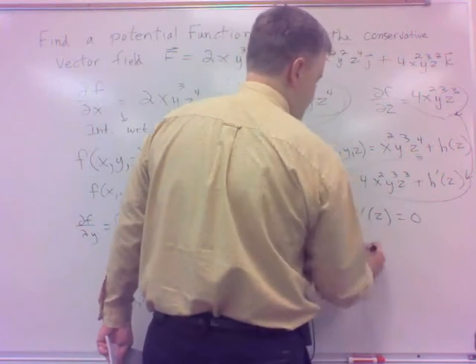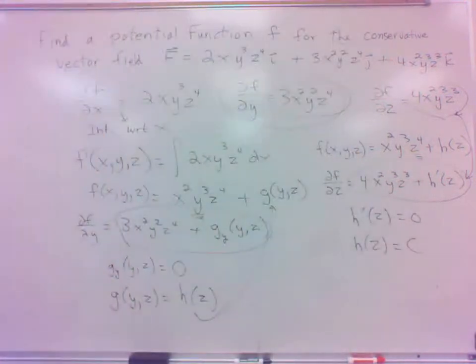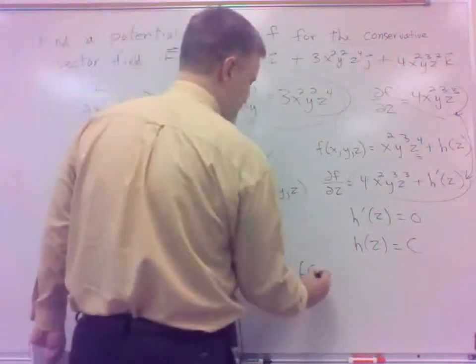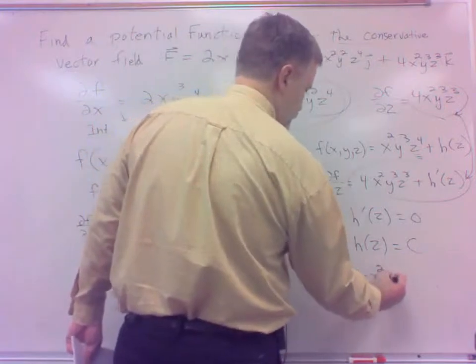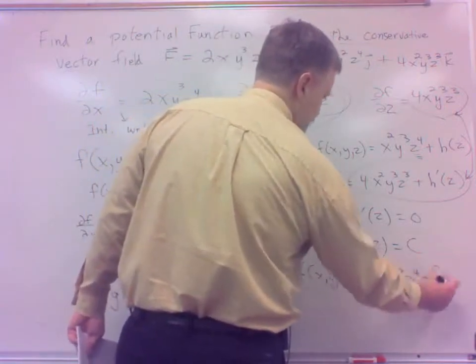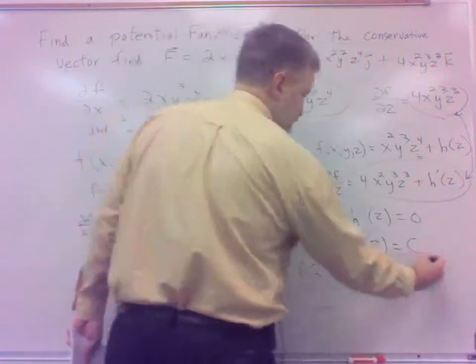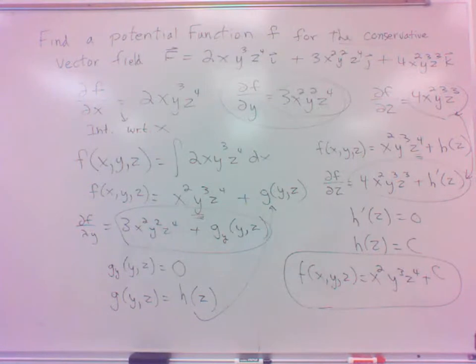Which now we know then that would mean h of z is a constant, since it's a one variable function. So f of x, y, z is x squared y cubed z to the fourth plus a constant. So that was a pretty straightforward one, but you get the idea.